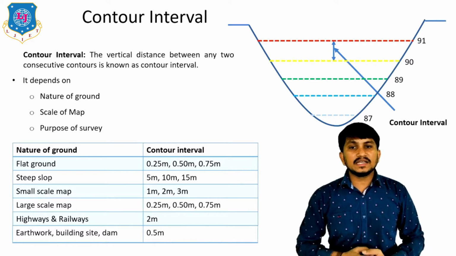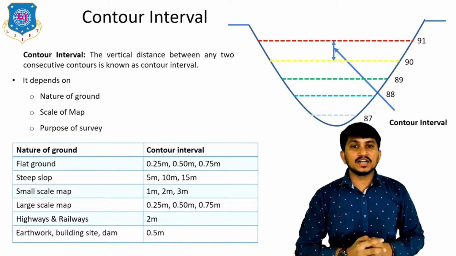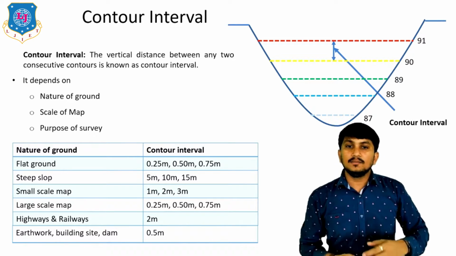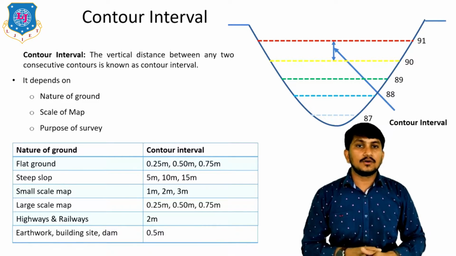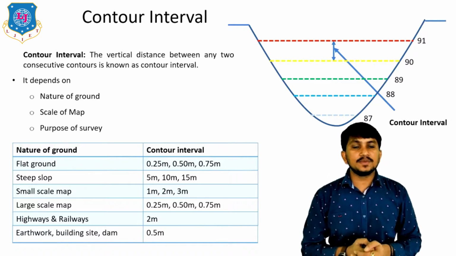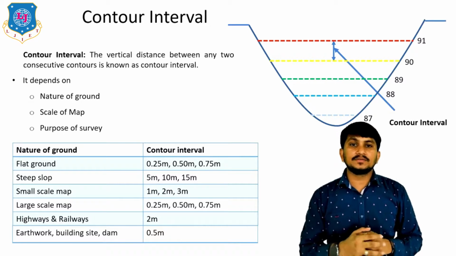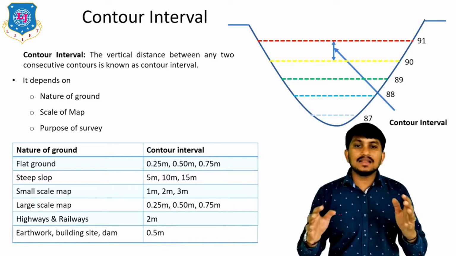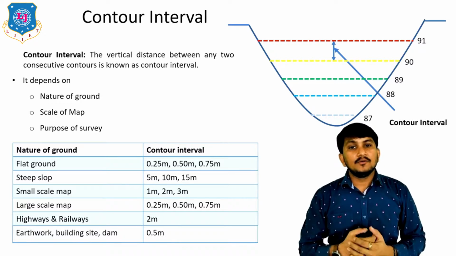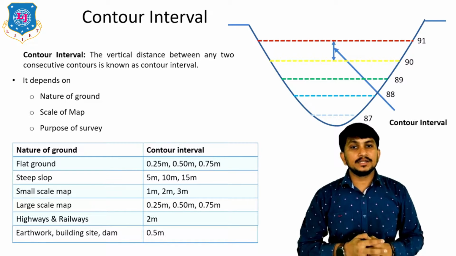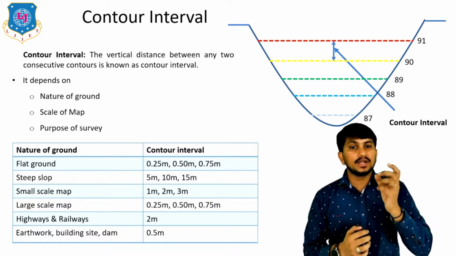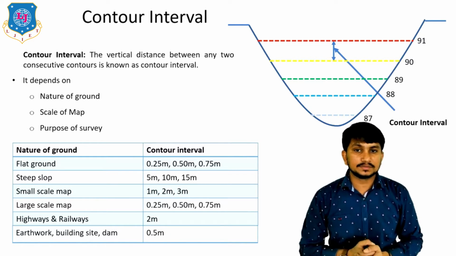If the nature of the ground is flat, contour interval should be selected as 0.25 meter, 0.50 meter, or 0.75 meter. For steep slope, contour interval should be around 5 meter, 10 meter, or 15 meter. For a small scale map, it can be 1 meter, 2 meter, or 3 meter. In a large scale map, it should be around 0.25 meter, 0.5 meter, or 0.75 meter.